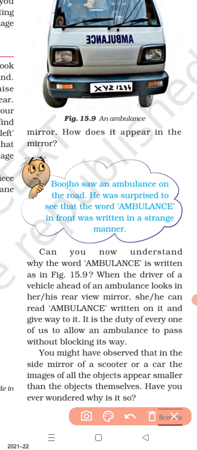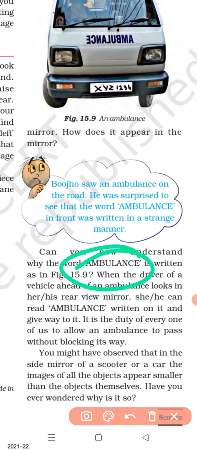This is because when we are driving and we see the hospital van coming from behind in our rear view mirror, we get the laterally inverted image of ambulance, and it is written in this manner.